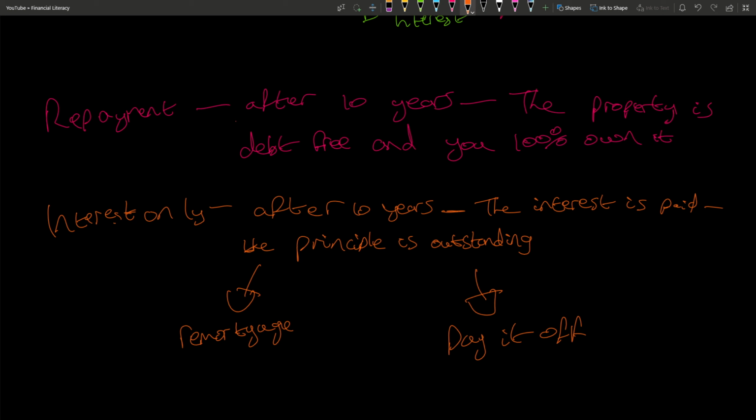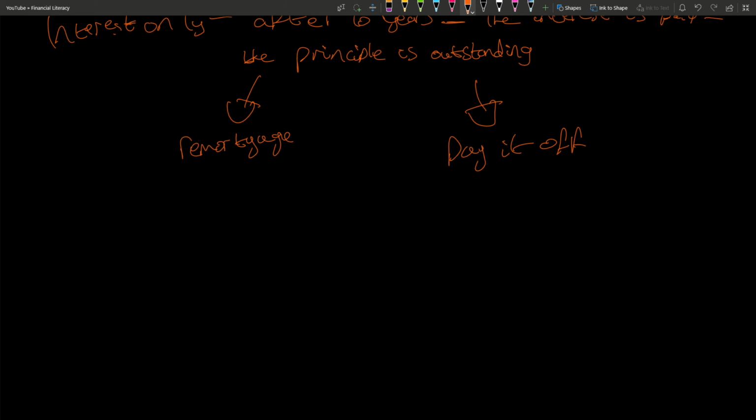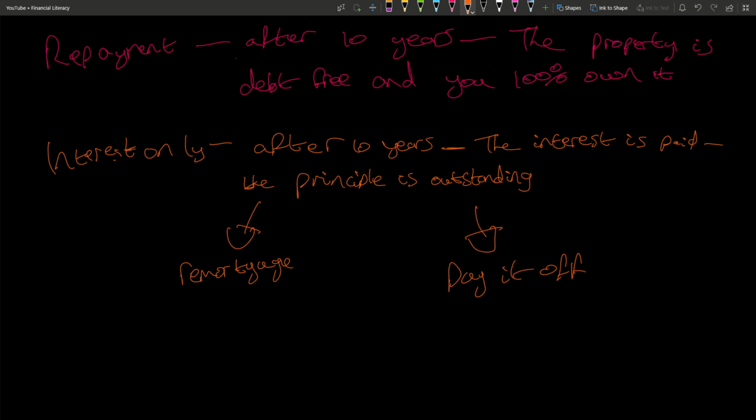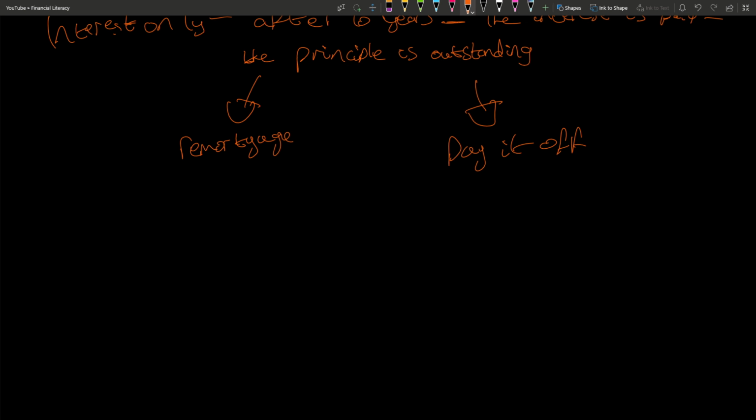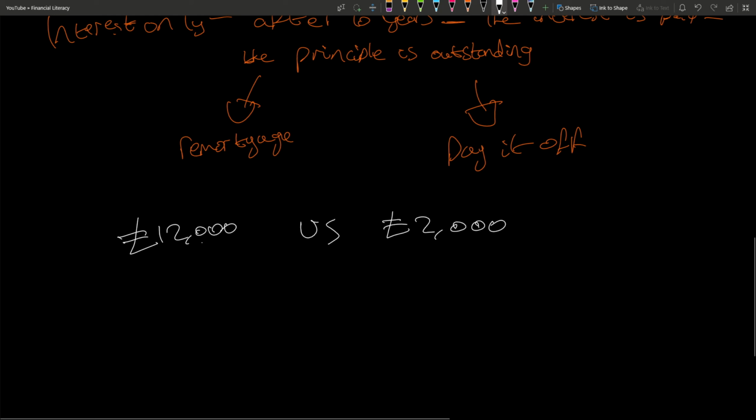Obviously £100,000 is a lot of money for a lot of people, so they may not have it. So you might be thinking, why would you do interest only over repayment? At least with repayment at the end of it, you own your property. But think of it like this: in the scenario above, though it's a simple one, it was the difference of £12,000 per year versus £2,000 per year. So that difference equates to £10,000 a year.